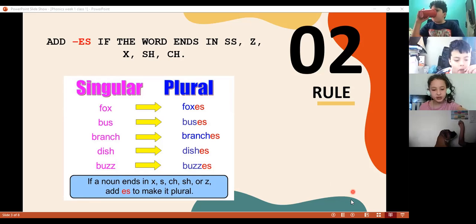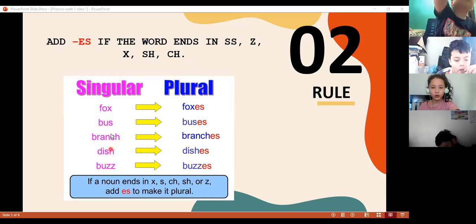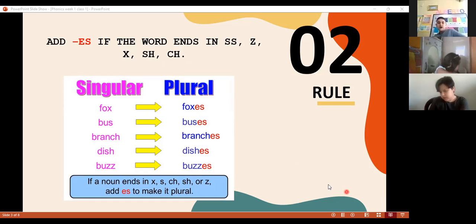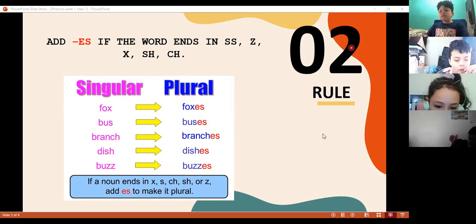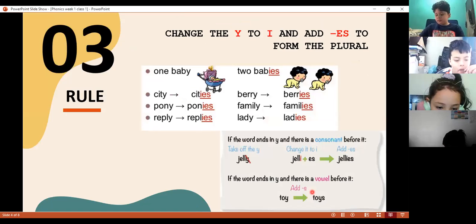Rule number 1, add letter S to all the words, like flower, flowers. But what happens with the words that end with this? So we're going to identify that we need to add the ES to words that end with S, SH, CH. That is rule number 2. Now, there is another way to form the plural also.